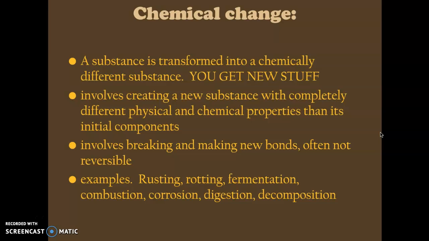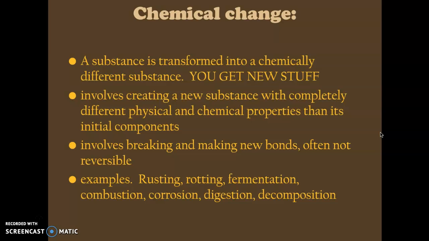Sometimes these reactions, you can reverse them and get the original stuff back. Other times they're not reversible. And down at the bottom is a list of some examples of chemical changes. And they're fairly obvious.